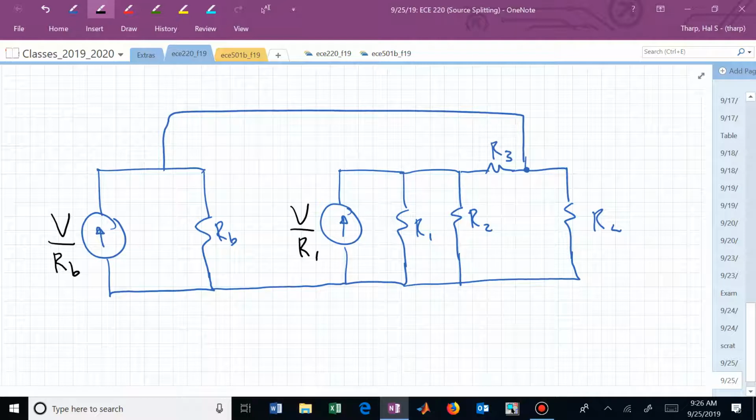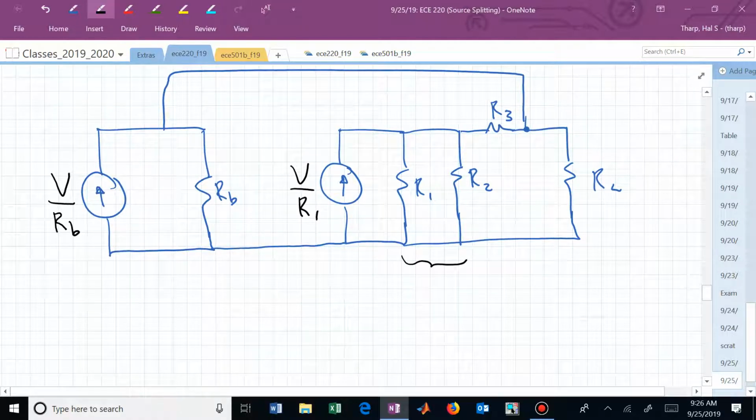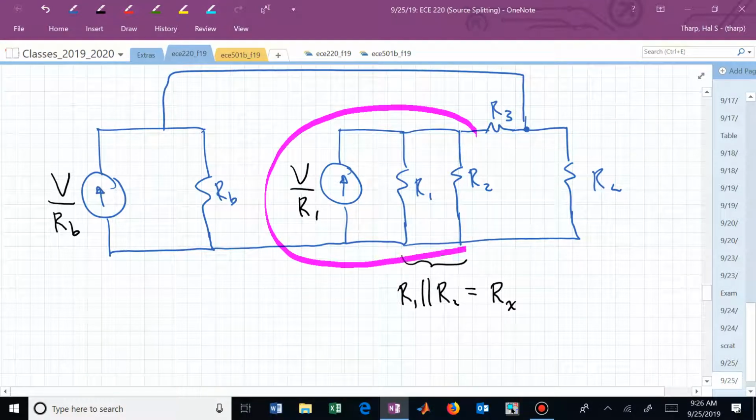What's the next step that I want to do? Probably want to combine those two. I can now combine those resistors in parallel. And let me just not carry all of that forward. Let me just call that R sub X. And now what I want to do is convert that piece back into a Thevenin, so that I will be able to combine R sub 3 with the series voltage that will result from the Thevenin equivalent.